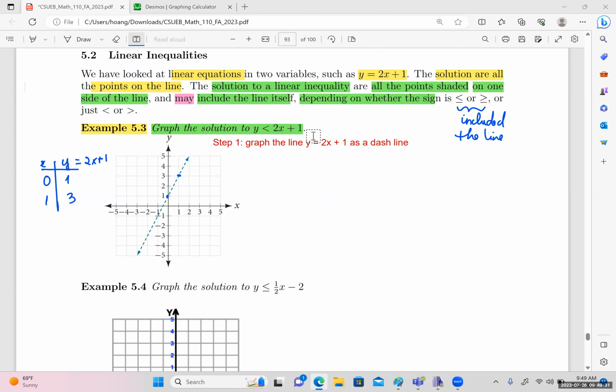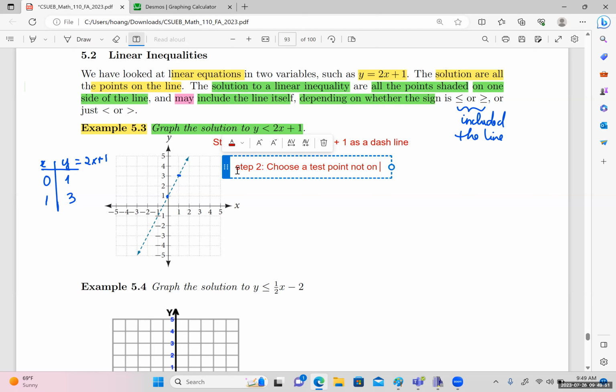So I'm going to come to step 2. Step 2 is choose a test point not on the line y equal to 2x plus 1.